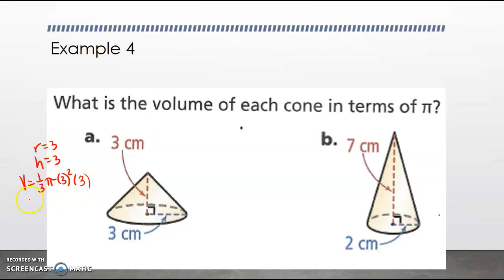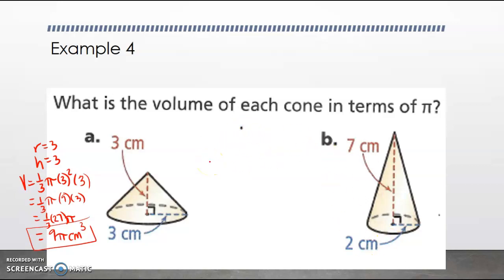So 3 squared is 9, so we get 1/3 pi times 9 times 3. 9 times 3 is 27, so we've got 1/3 times 27 pi. 1/3 of 27 is the same as 27 divided by 3, so we end up with 9 pi centimeters cubed. Because it wants it in terms of pi, that is our final answer.